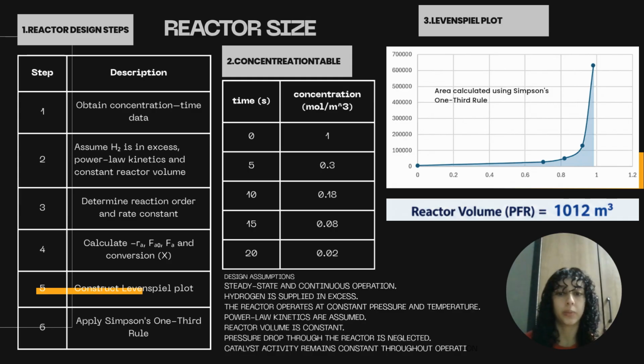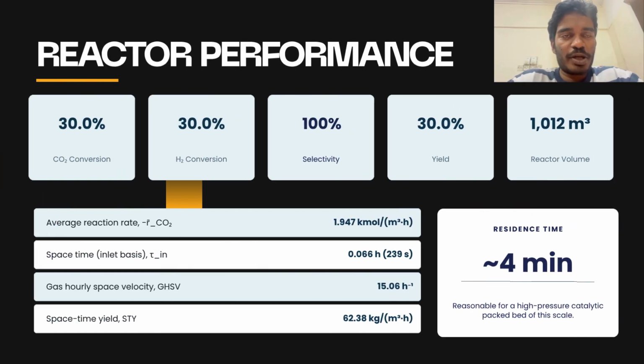Now looking at how the reactor actually performs, carbon dioxide and hydrogen conversion both come out to be exactly 30%. Methanol selectivity is essentially 100% under our simplified reaction model, and yield, which is conversion times selectivity, is also 30%.